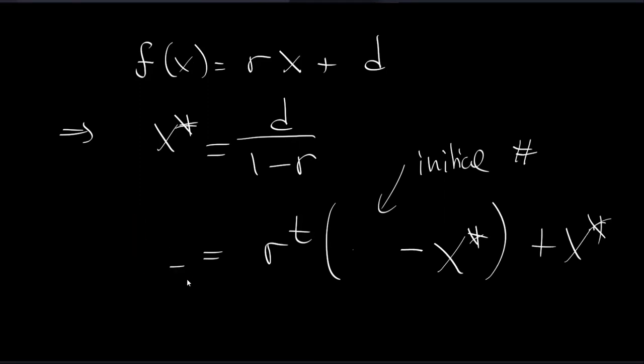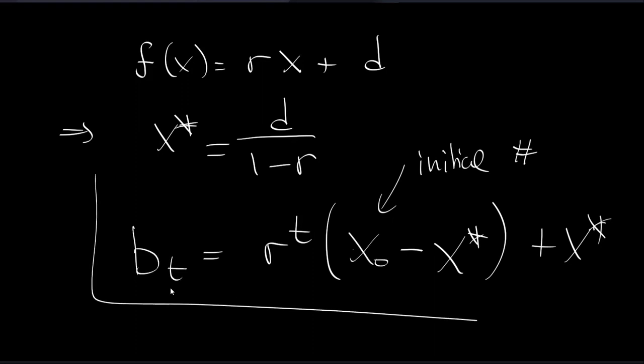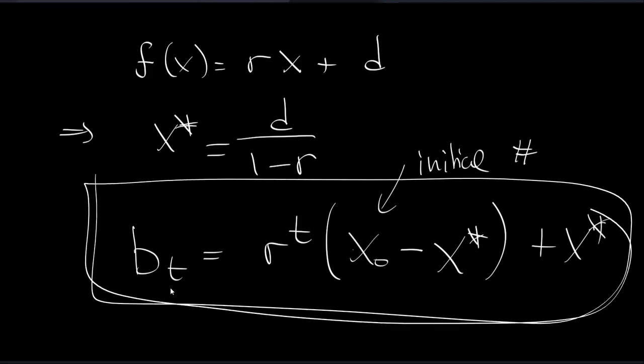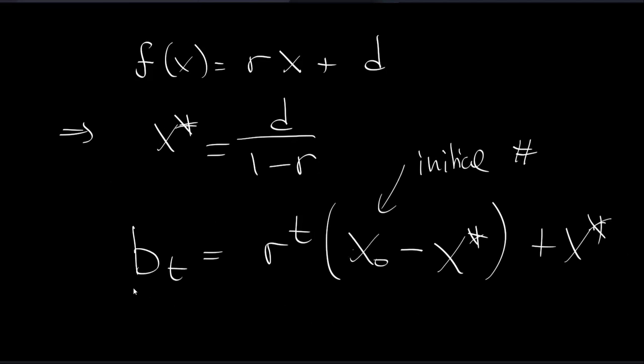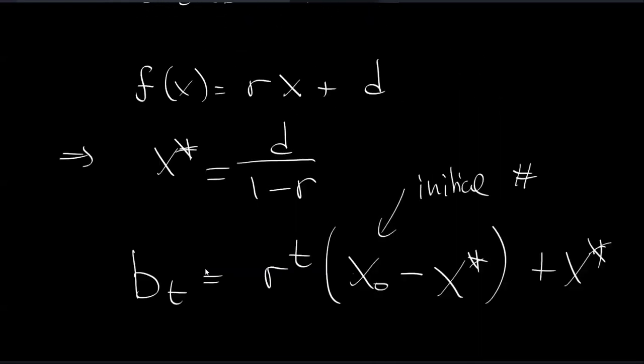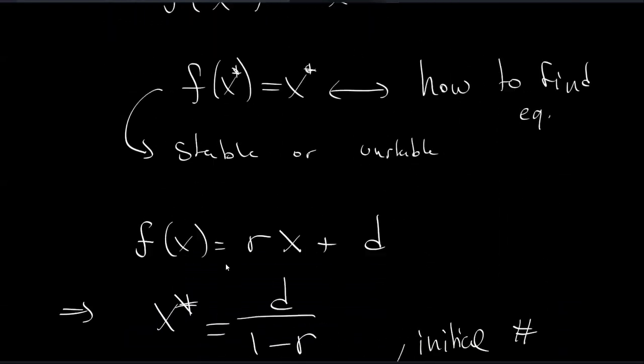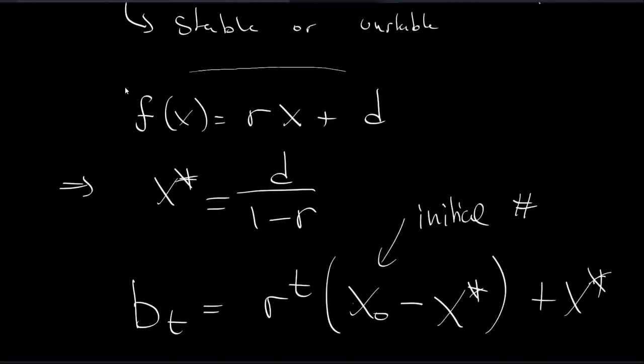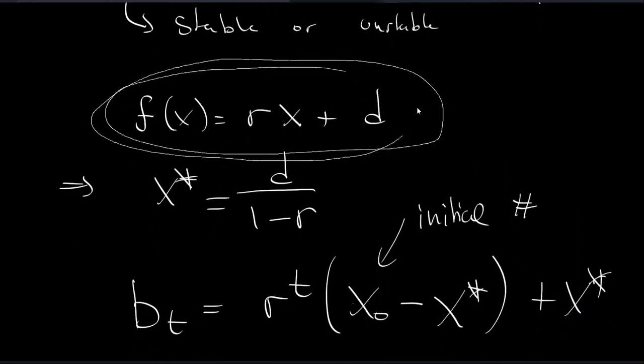Your prof probably writes it as it's this. But the point is that this is your general solution that allows you to actually compute the value of b at any point in time. You don't have to repeatedly apply the updating function, but this only works if your discrete system is of this form.